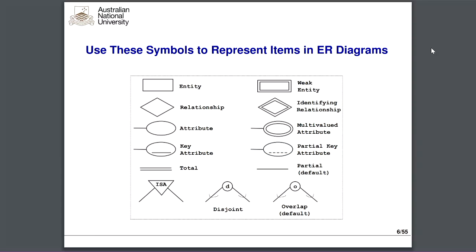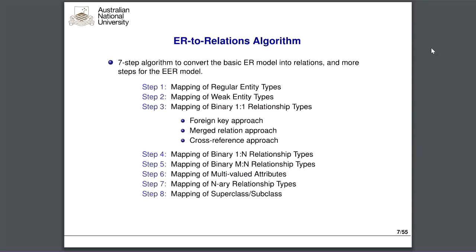Those are the symbols that we want to memorize a bit. And then there is another case where we have disjoint or overlapping relationships between the subclasses. That gives us some general philosophy for getting an ER diagram.